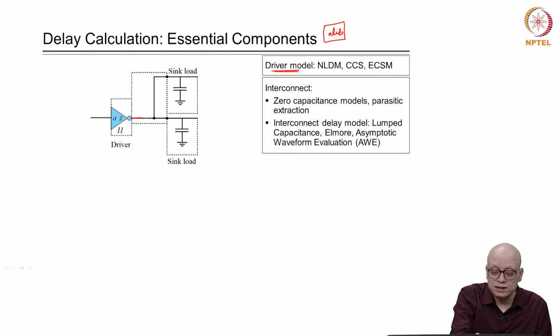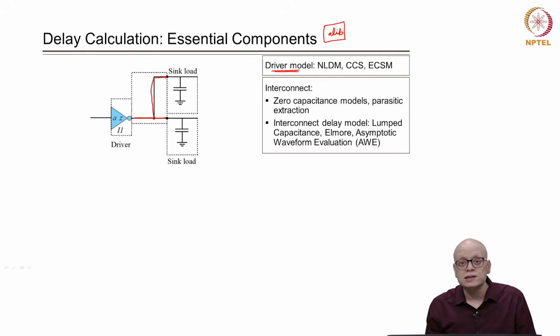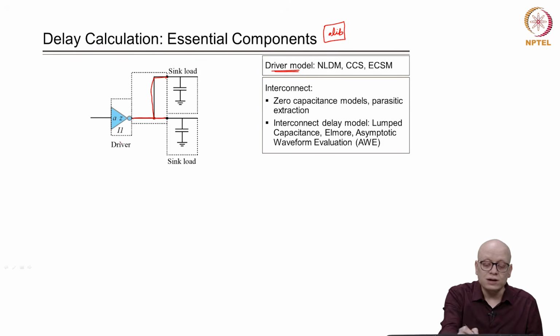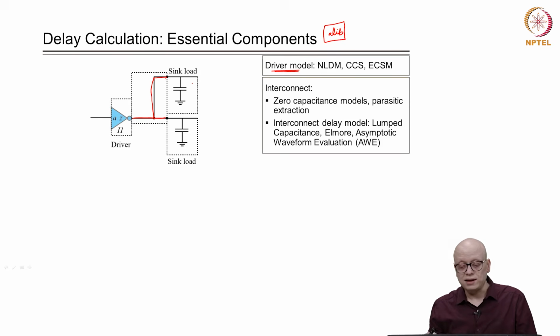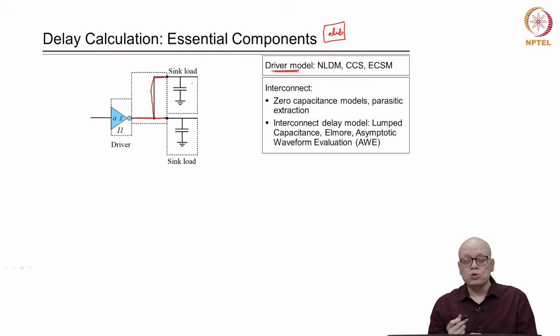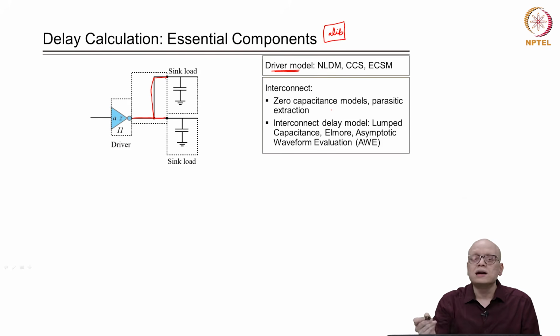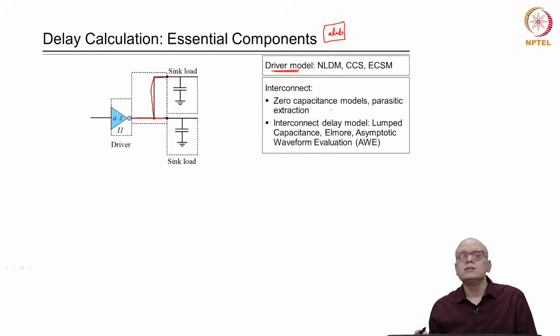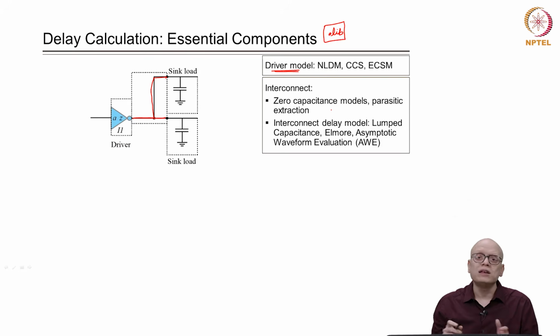There is an interconnect. Depending on its characteristics, such as how much capacitance and how much resistance it has, the delay from the driver to the sinks can vary, and therefore the interconnect model is also important. During logic synthesis, or in the earlier stages of the VLSI design flow, we can assume that the capacitance of the interconnect is 0. That is a very crude approximation, where we neglect the effects of the capacitance.